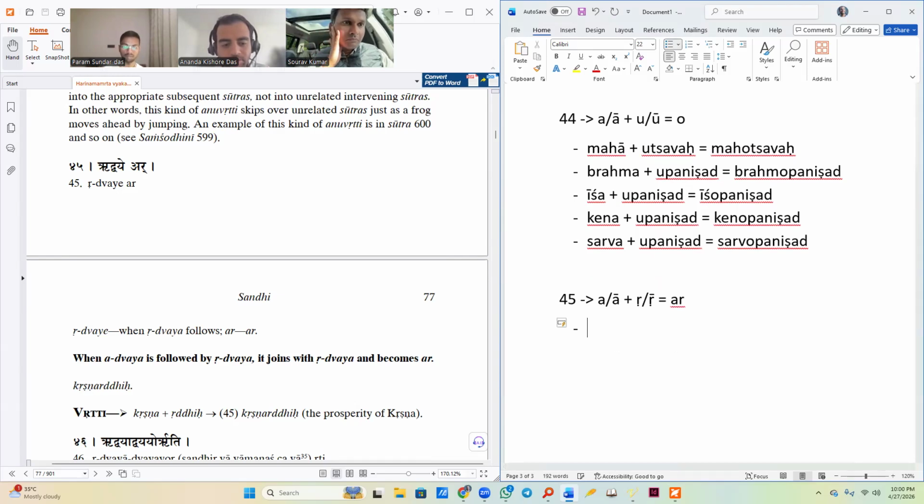For example, Maha Rishihi: we have A and we have Ri, so both of them become Ar, and it becomes Maharshi. Similarly, Deva Rishi becomes Devarshi, Raja Rishi becomes Rajarshi, Sapta Rishi becomes Saptarshi, and like that.